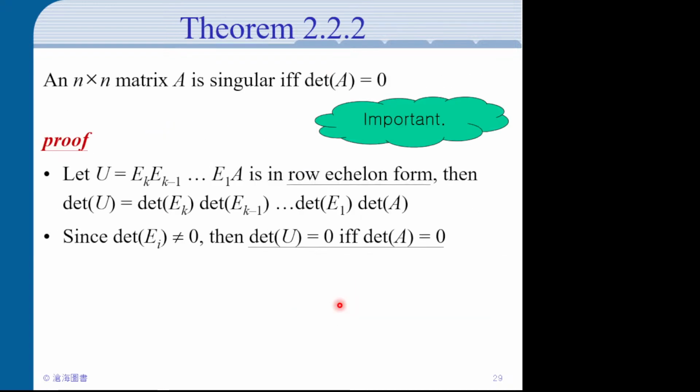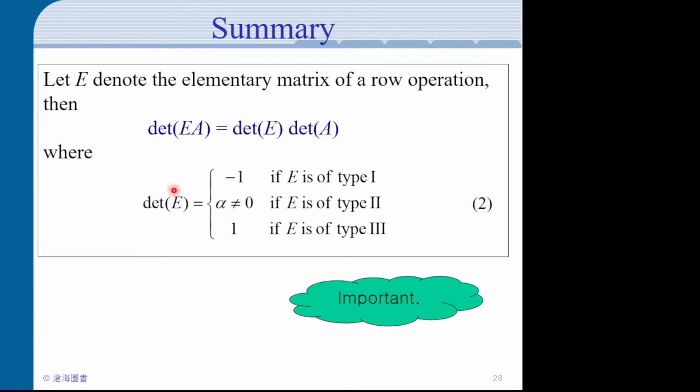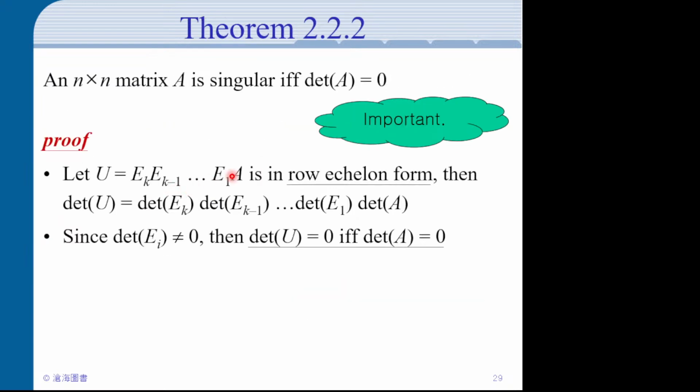So finally, our important theorem, the spoiler we had today: a matrix A is singular if and only if its determinant equals 0. That's why we keep talking about elementary operations.